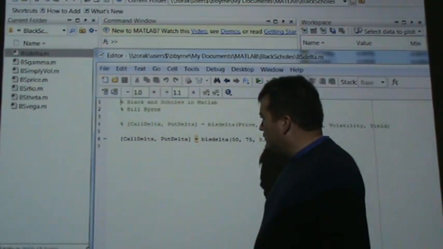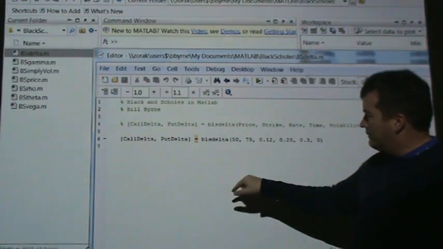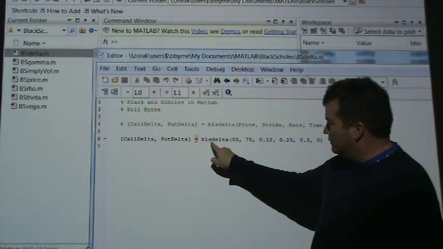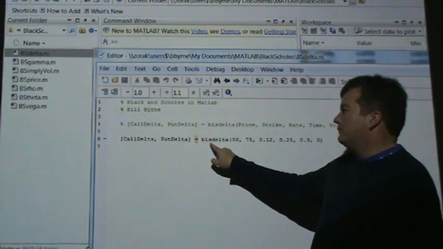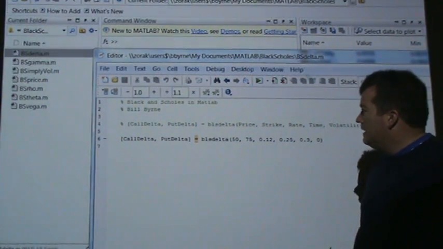So what we can do now is use the MATLAB function. For example, we have blsdelta, BLS for Black-Scholes, delta.